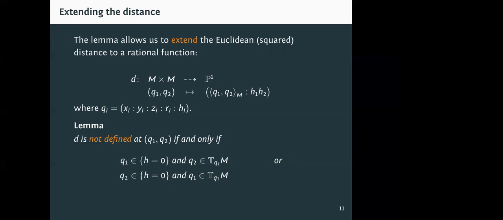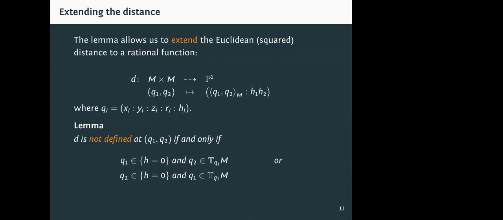And there is a very easy geometric way of describing at which pairs this function d is not defined. It's not defined when one of the points sits at infinity, so does not belong to R3. You see, it has h equals to 0, which is what points from R3 can never have, because they always have h different from 0.